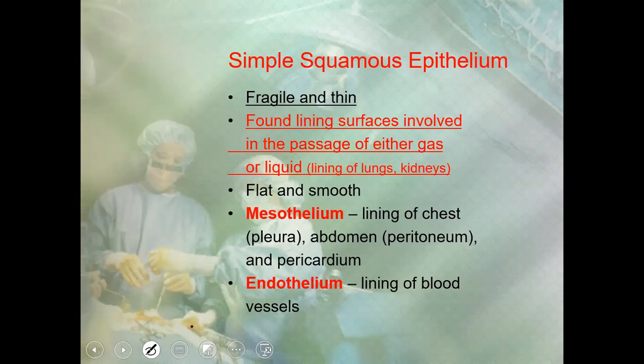This area of wall is going to be where we have very easy passage back and forth. If I have gases that need to get in and out, they're going to be very fragile. Flat brick, single layer, super fragile and super easy to get through. It's not creating very much of a fence at all.